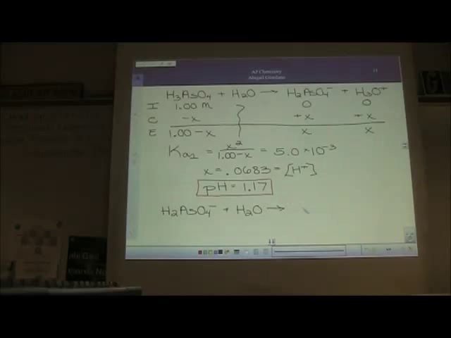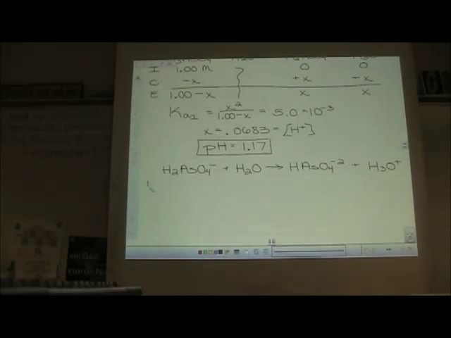What would be the conjugate base? Minus 2. Very good. I'm going to do this very quickly.